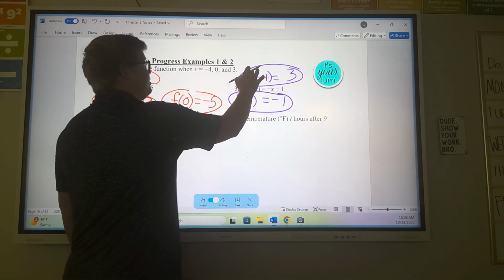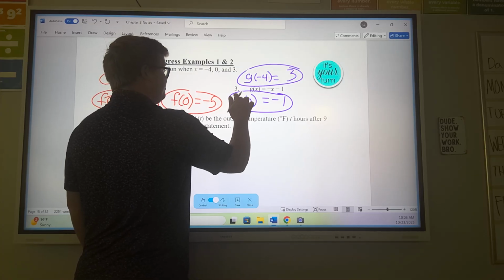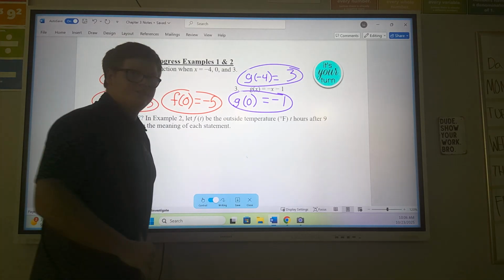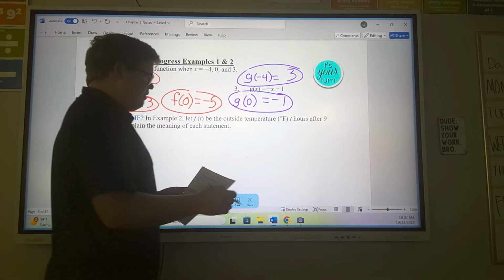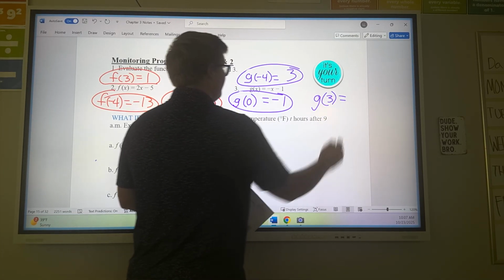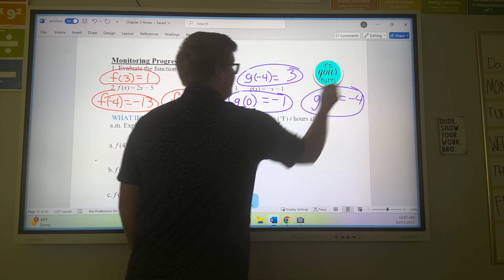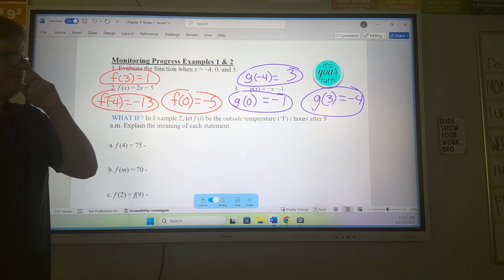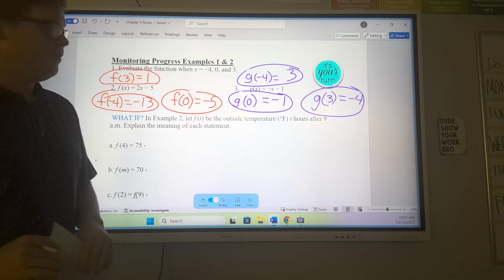Ooh, I should change this f to a g, because originally we were given g of x, right? And g of 3 equals negative 4. Now, the only thing that might be confusing is how I got 3 for g of negative 4.